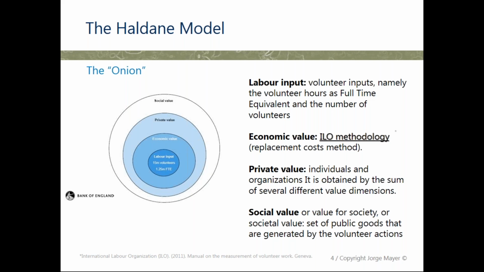There's an international methodology for this from the International Labour Organization, and we will see how this applies to the EDP case. Then we have the private value, which includes the value for individuals and organizations.